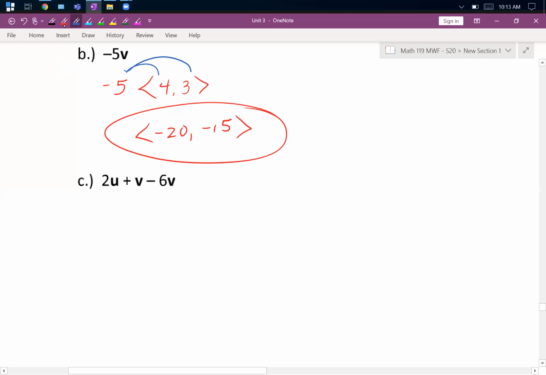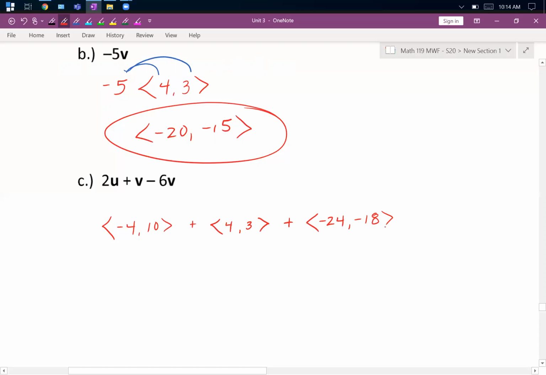Multiplying 2 in to u, that's going to give us -4, 10. v just stays as it is. And then for the next one, see, we got a -6 in front. I would totally distribute the negative with the 6 so that I didn't have subtraction in between my vectors. It's going to give us -24 and -18.